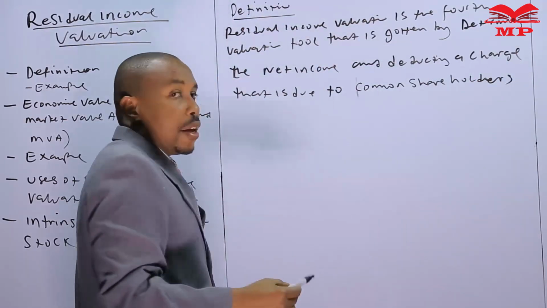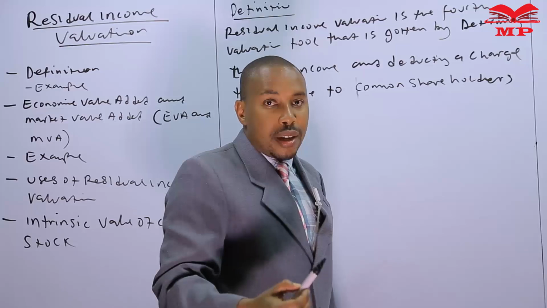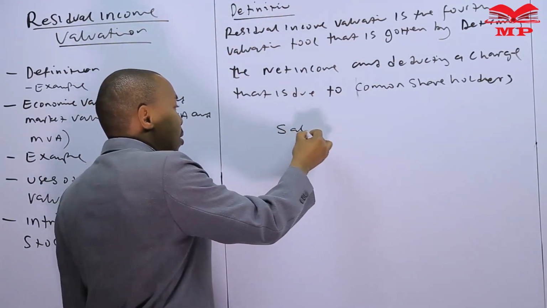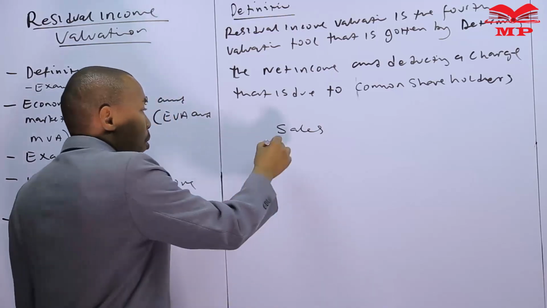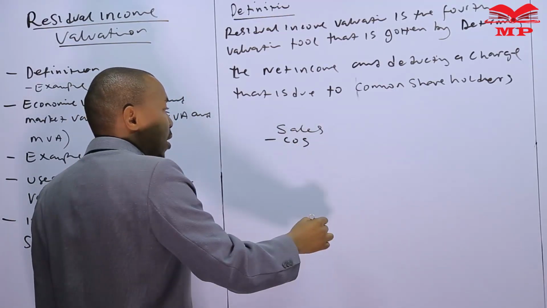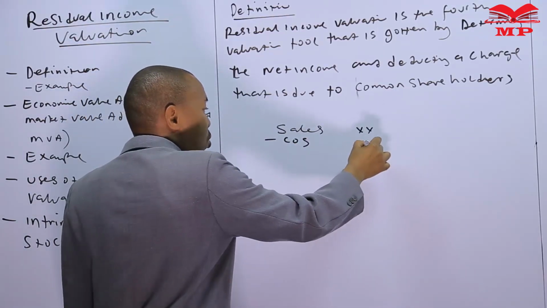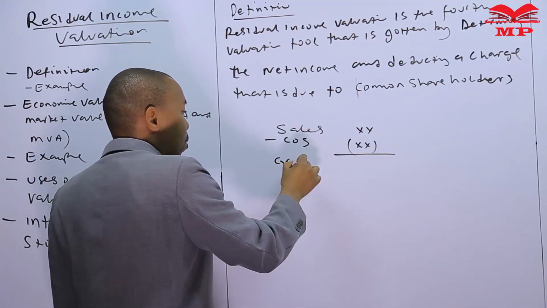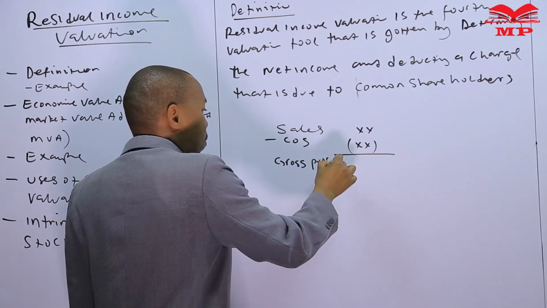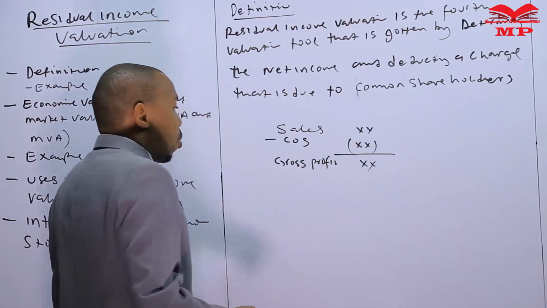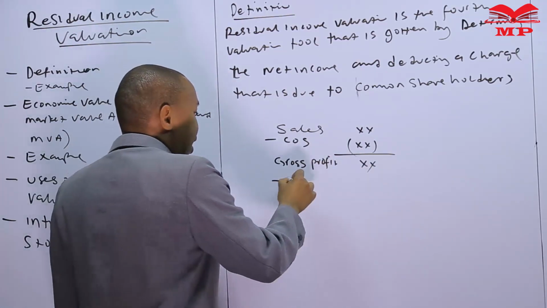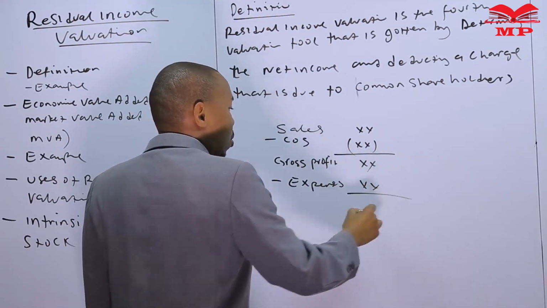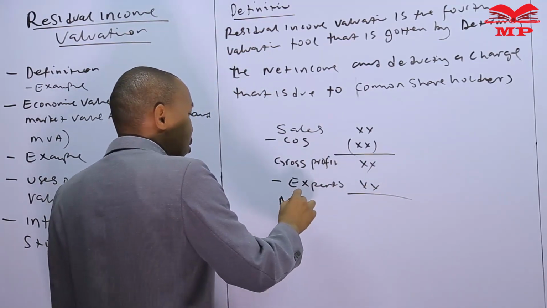In the traditional accounting sense, once we have the sales value, less cost of sales, we achieve the gross profit. Once we have the gross profit, less expenses, we get the net profit.